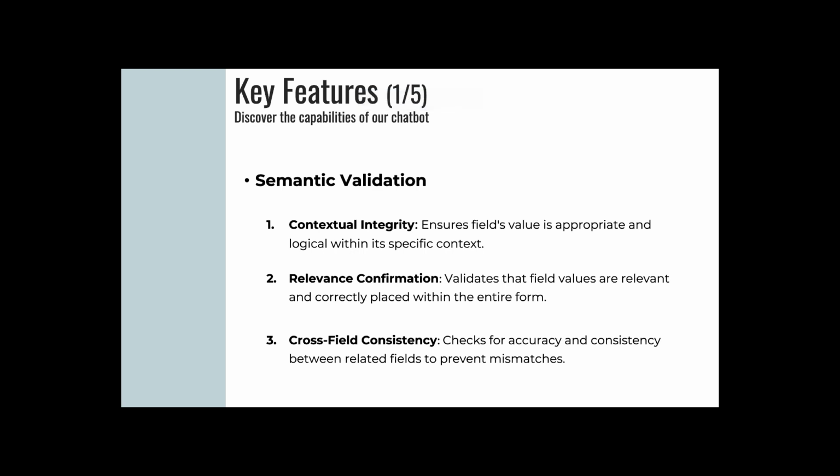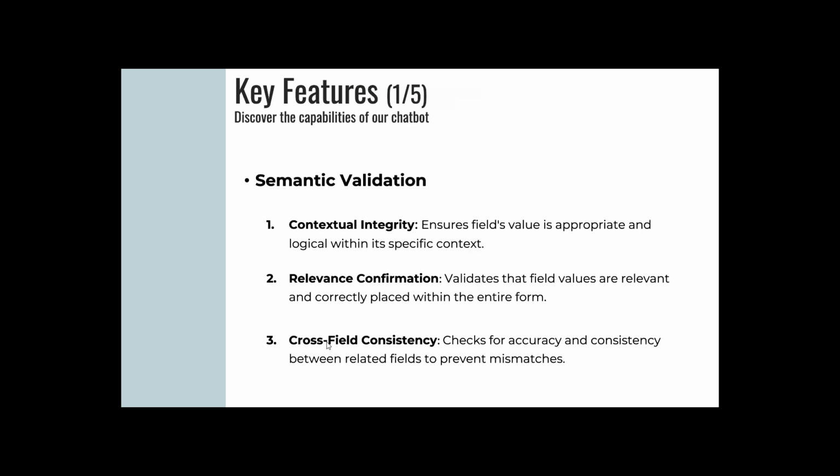Okay, so the first key feature that we saw in our demo was semantic validation. Semantic validation basically maintains contextual integrity, so it ensures that the field value has to be in context with itself. It also maintains relevance confirmation, so it ensures that a field value in a form has to be in context with the entire theme of the form.